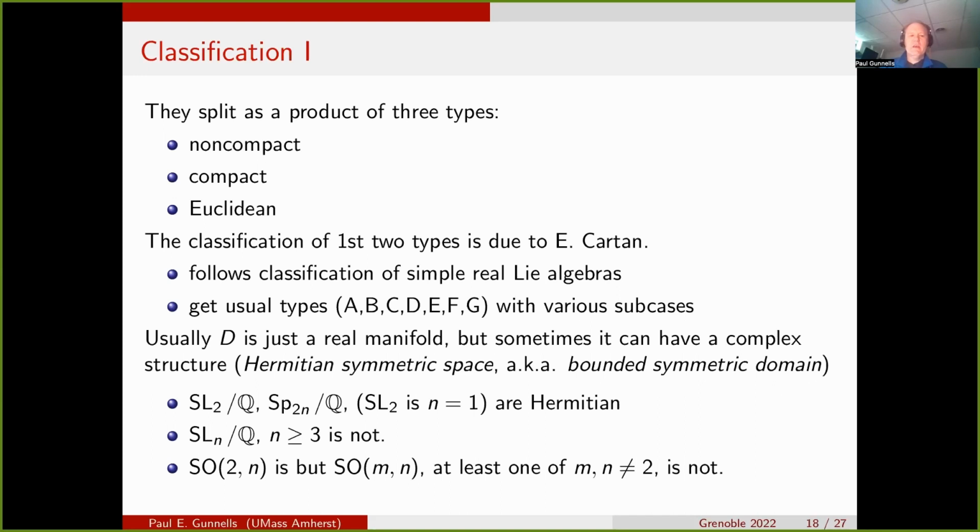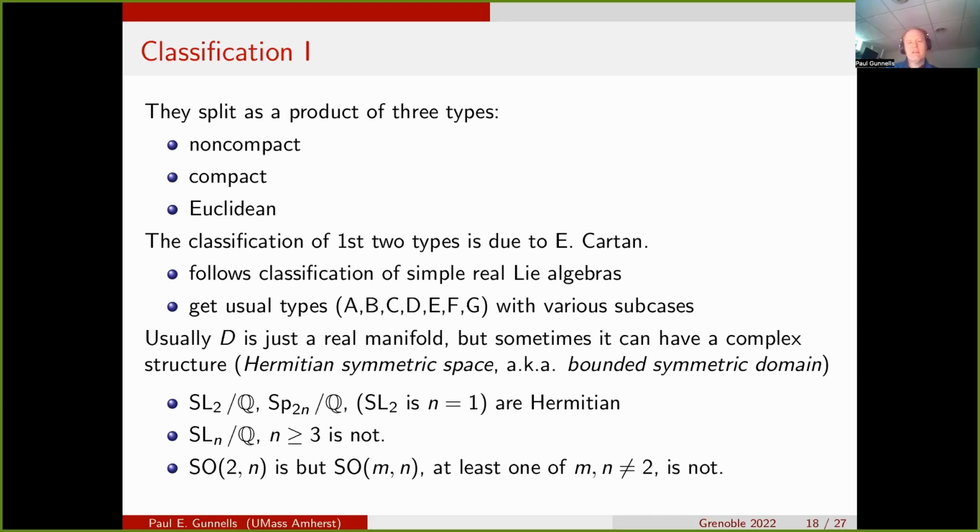Typically, this symmetric space, in contrast to what you might be used to for SL2 over Q, is just a real manifold. It doesn't have a complex structure in general, but sometimes it does, and those have a special name. They're called Hermitian symmetric spaces or bounded symmetric domains. You can look in the table in Helgason and see which ones are.